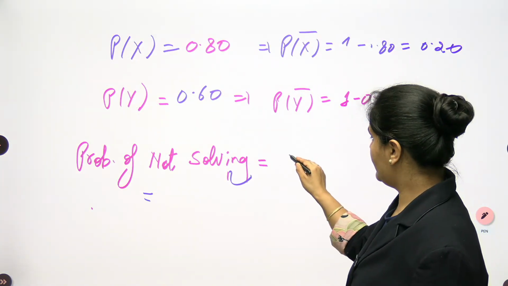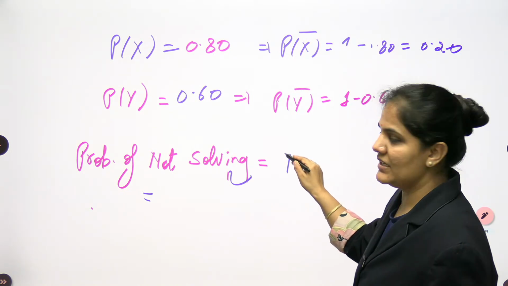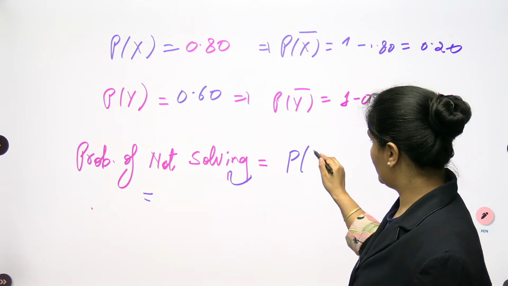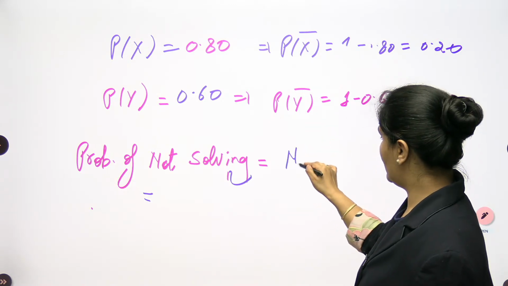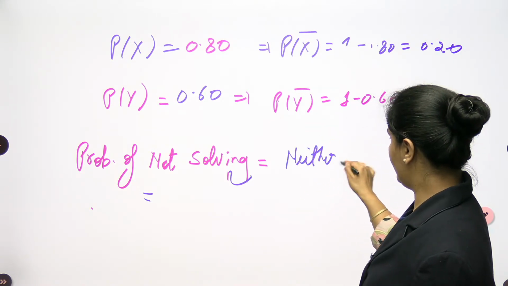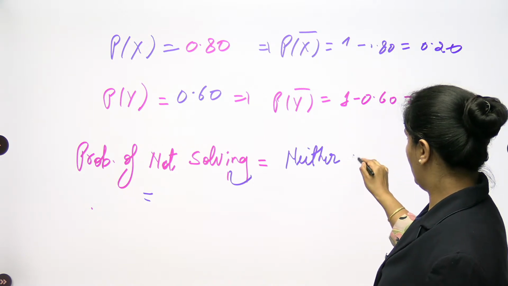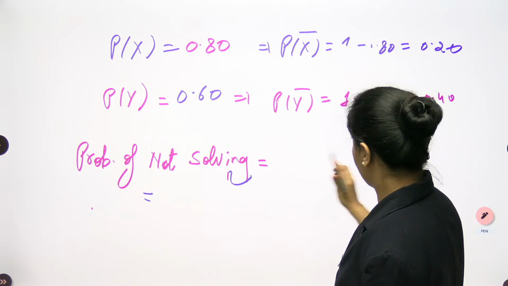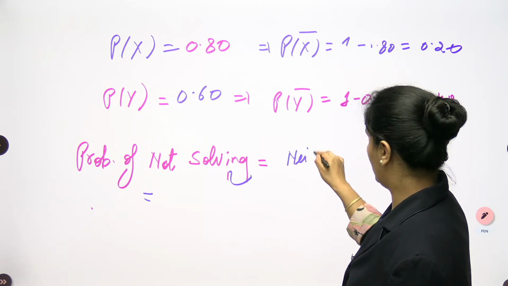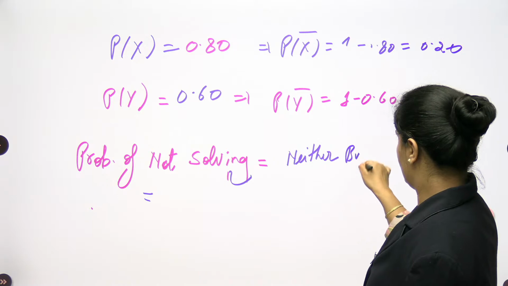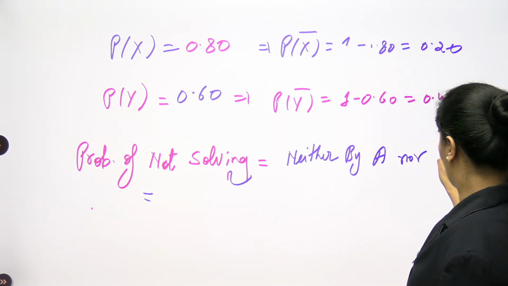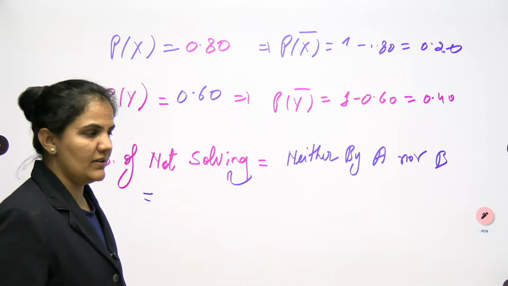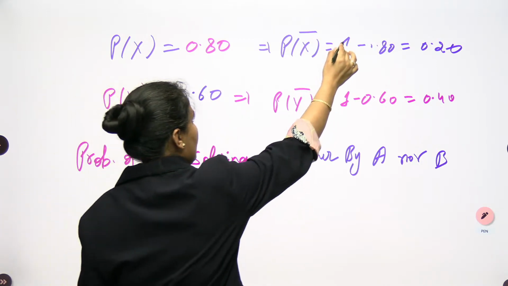At least means either it can be A or it can be B. I can go with the probability when none of them will solve, neither by A nor by B, so there is no need to go with the next one.